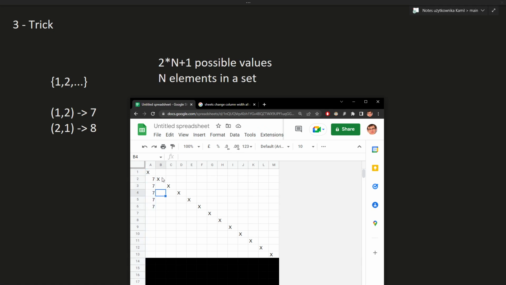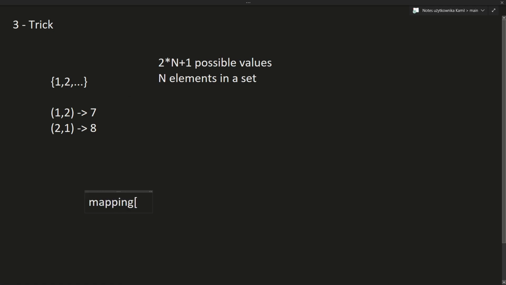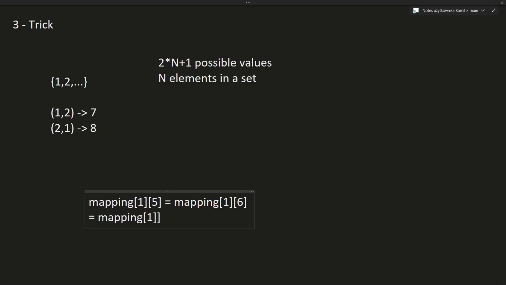What if I want to create 7, but I need to make it out of remaining numbers? So it's bad to make mappings of the same element, so like mapping of 1, 5, if it's equal to mapping of 1, 6, if it's equal to mapping of 1, 7, let's say all of them are equal to 7, most likely this is not optimal. That's some intuition.